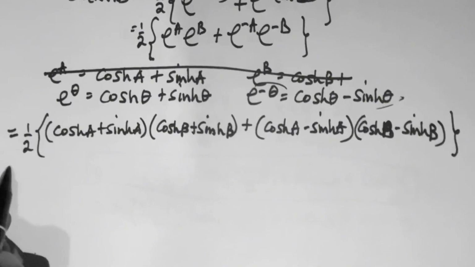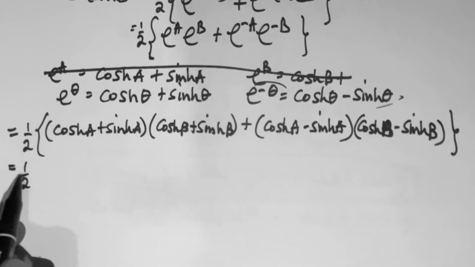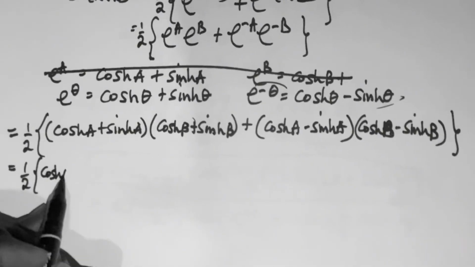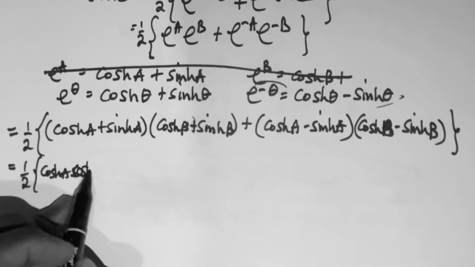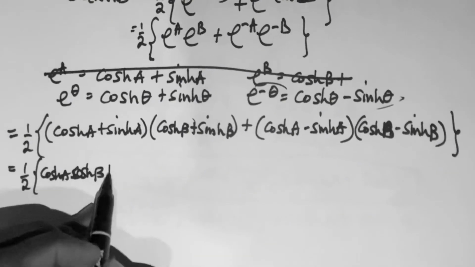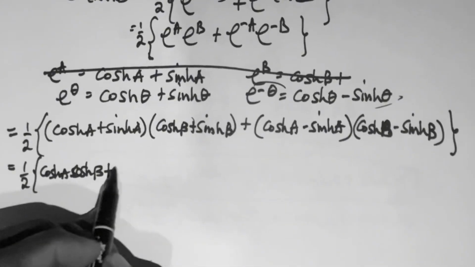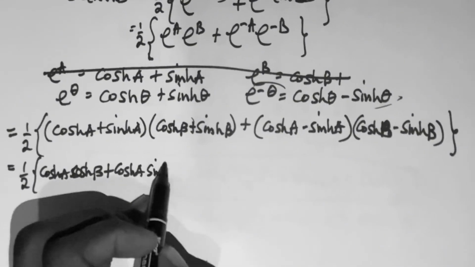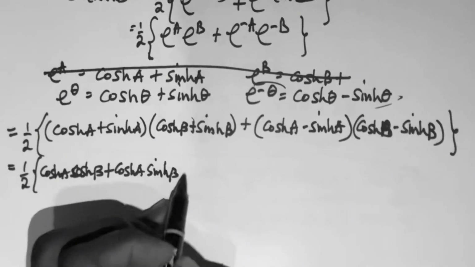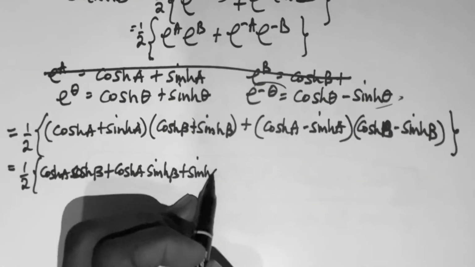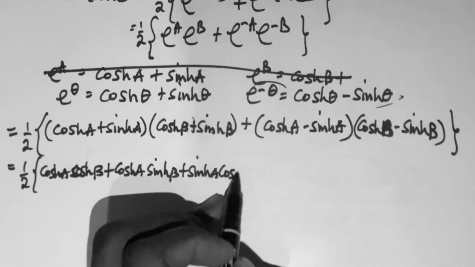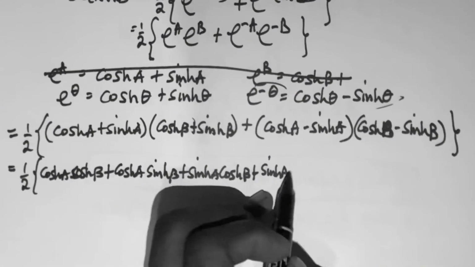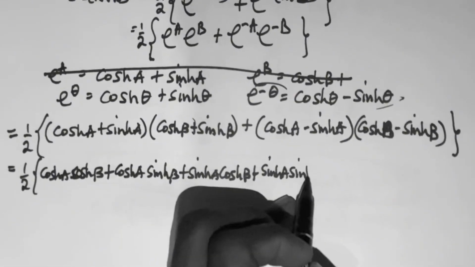So now let's expand this. So this is half. Now cosh A times cosh B becomes cosh A cosh B, and then plus cosh A sinh B, and here becomes plus sinh A cosh B, then plus sinh A sinh B.